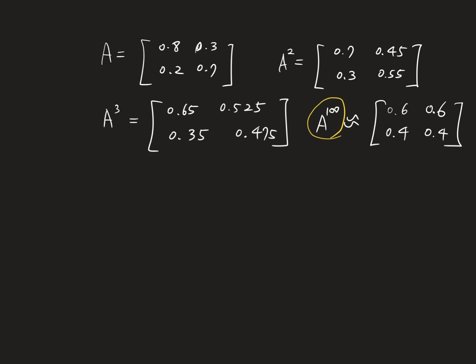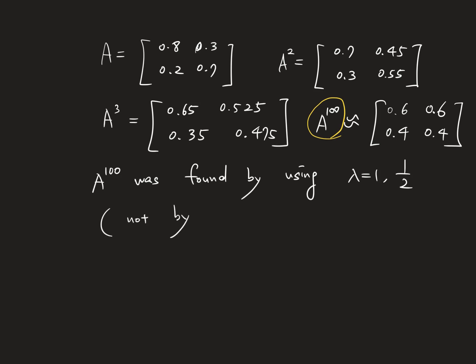I mean, A to the 100 was found by using eigenvector 1 and 1 over 2, not by multiplying 100 times.